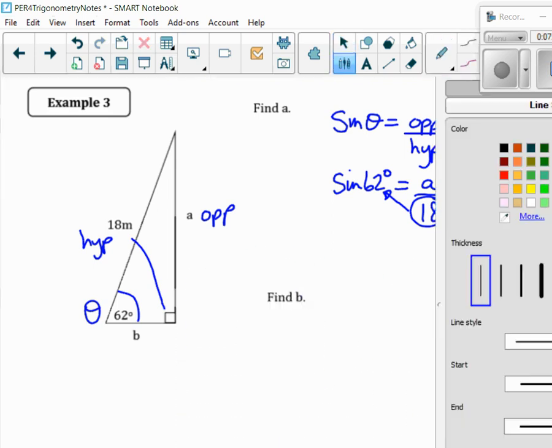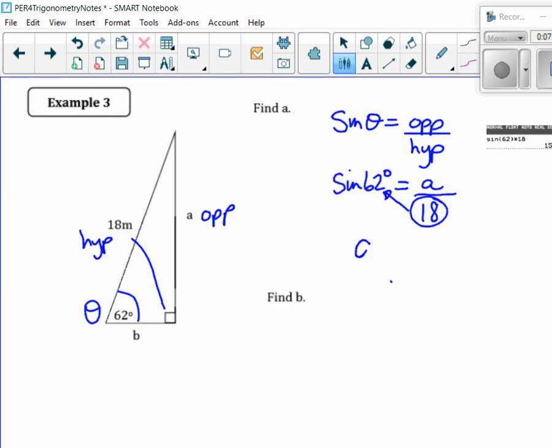So what does that mean? A is approximately 15.89. You could put the 3 and you won't lose any marks. If I say corrected 2, you can put more than 2, but you just can't put less than 2. So, and what do I need to put for my units?